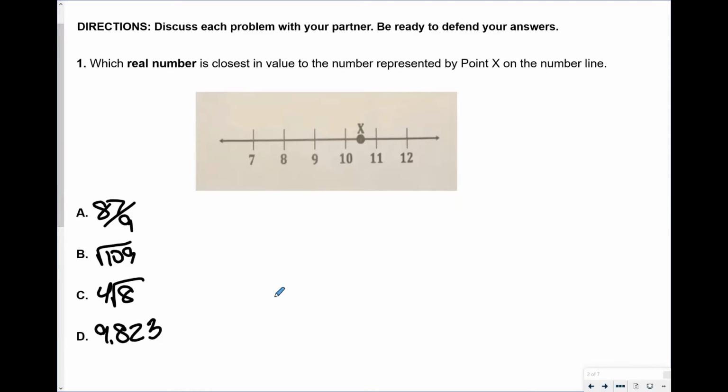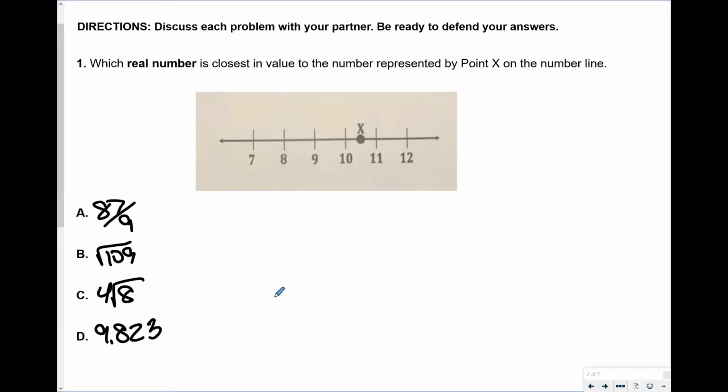Now, which real number is closest in value to the number represented by point X on the number line? We see point X is between 10 and 11. So we need to find which multiple choice is correct and between 10 and 11.